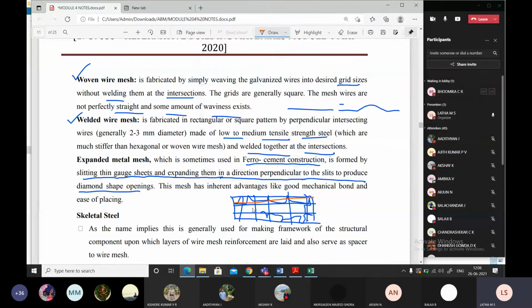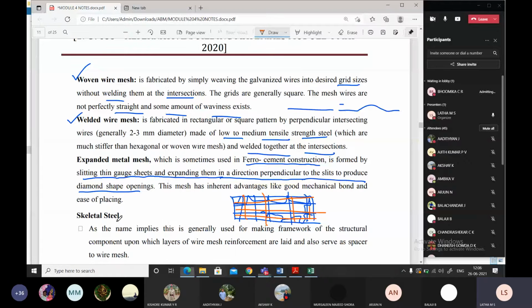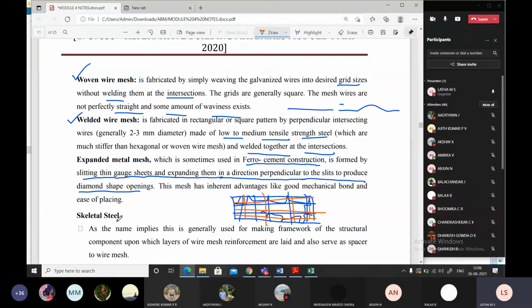Steel bars are there, along with this metal mesh. This has a very good tensile strength and other properties which will increase the properties of what? Of the ferrocement.